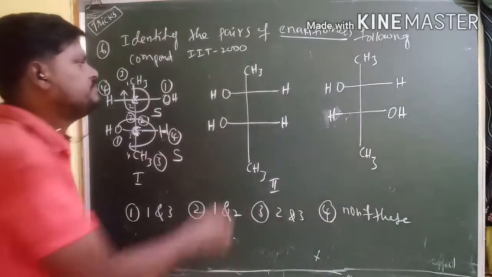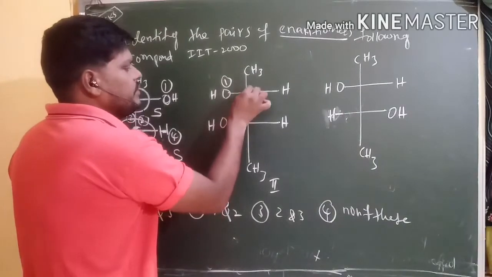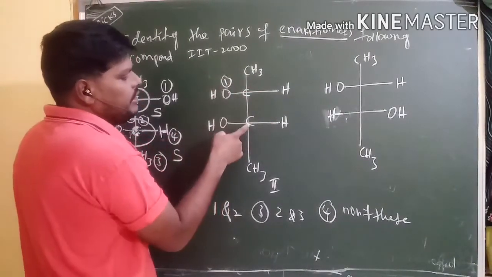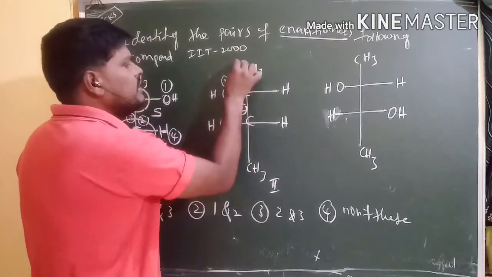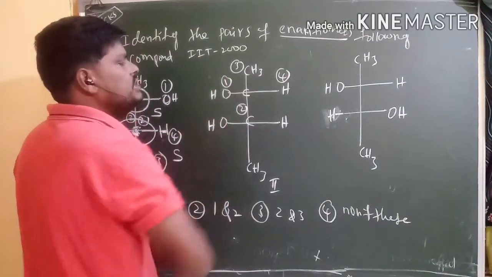Coming to the next compound, this chiral center: first priority, second priority, third priority, and least priority here.